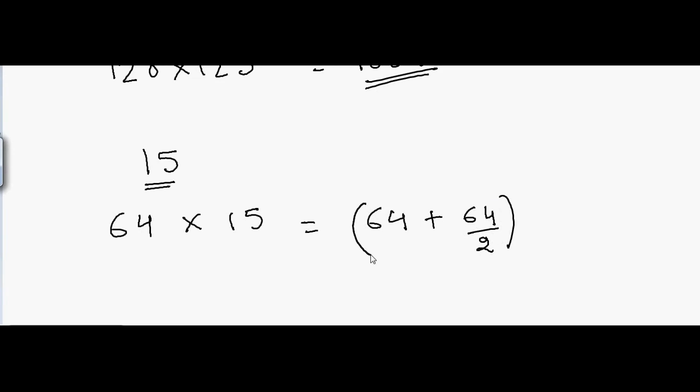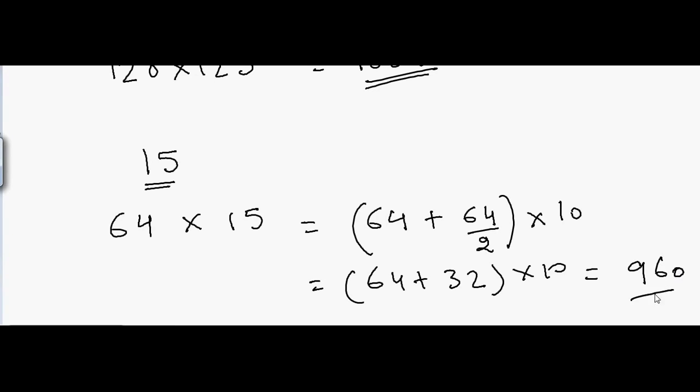So that will be equal to 64 plus 32 into 10, and that's equal to 96, and then a 0. Let's do it quickly. Suppose I have 44 and want to multiply by 15. I know half of 44 is 22, so that will be equal to 66, and then a 0, so that will be 660.